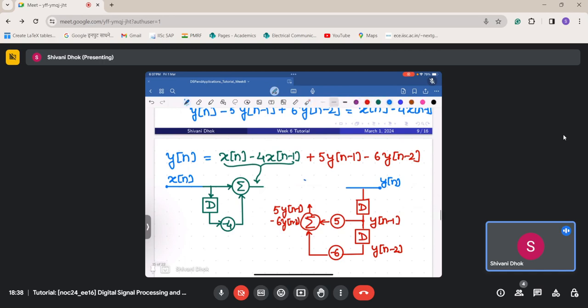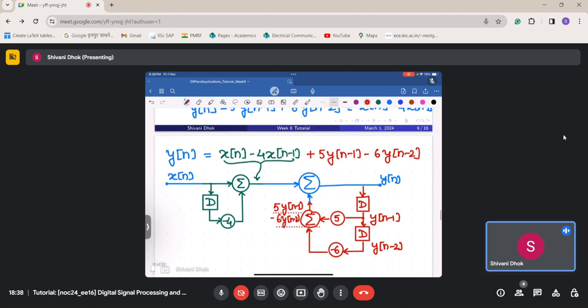So what we need to do is sum up this thing and this thing to get y of n. Any questions?